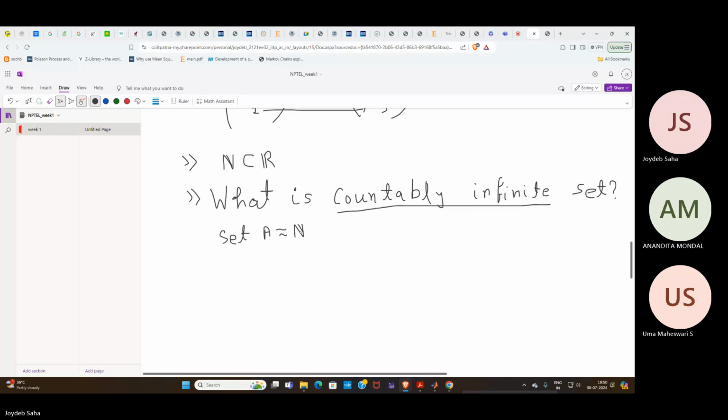There is Z also, that includes all negative and positive integers, and 0 also. There are rational numbers, there are irrational numbers, all have an infinite number of elements.